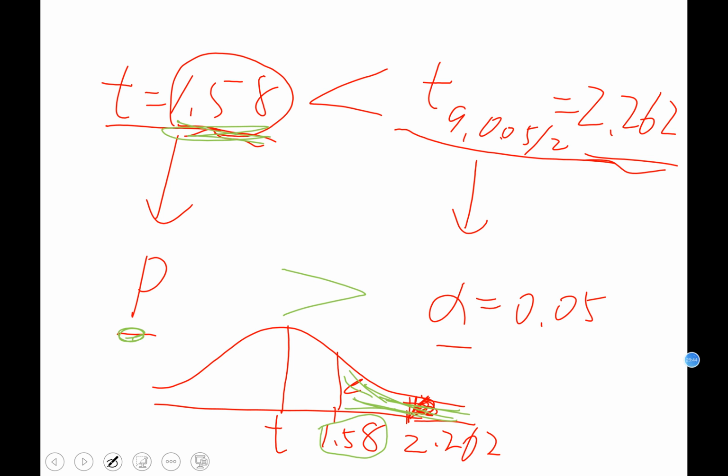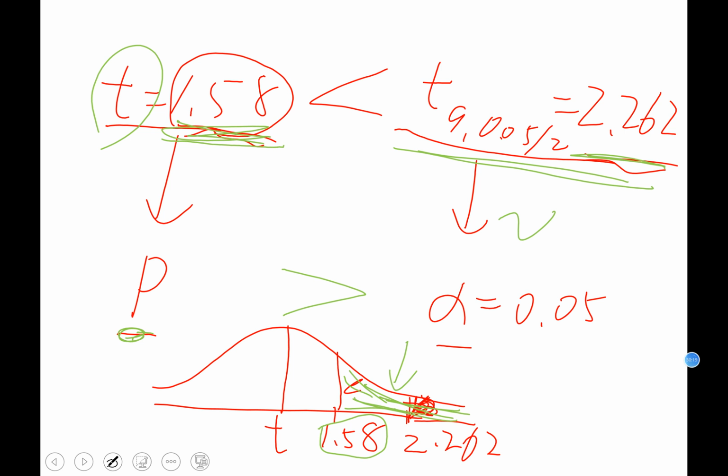And here we have the second way. First, we use alpha and nu to find a standard t-value in table A2. Next, we compare the t-value we calculated with the data given in the question with the standard t-value. If the t-value is less than the standard t-value, that means p is bigger than alpha. The reason is here in the picture, in the curve.